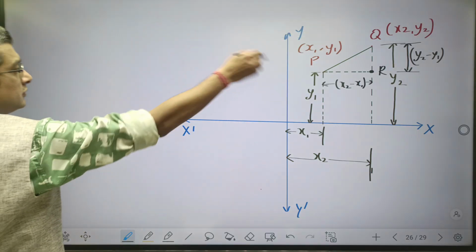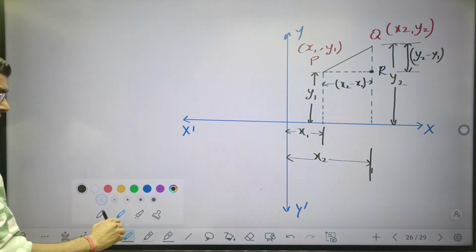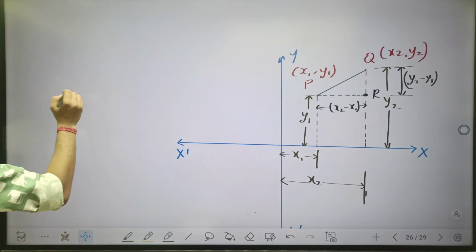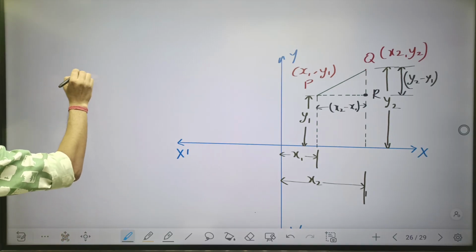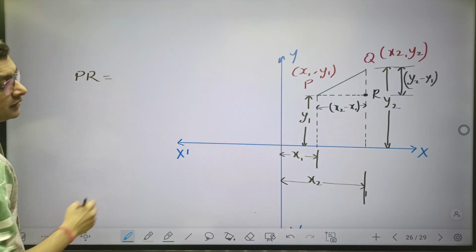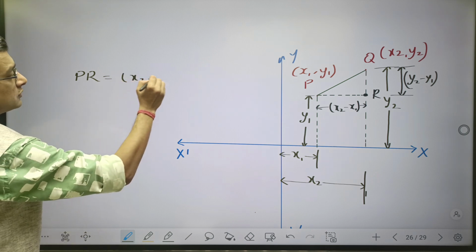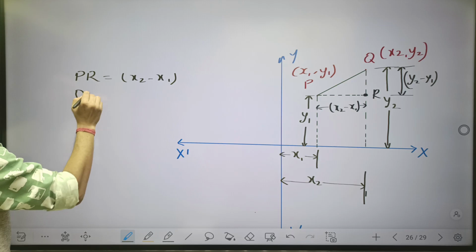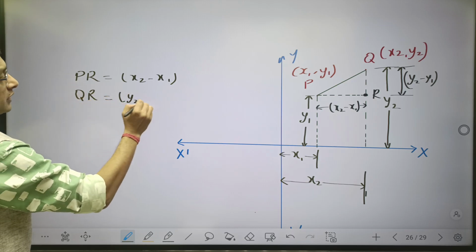So observe the graph carefully. You will get that the distance PR is given by x2 minus x1. The distance QR is given by y2 minus y1.